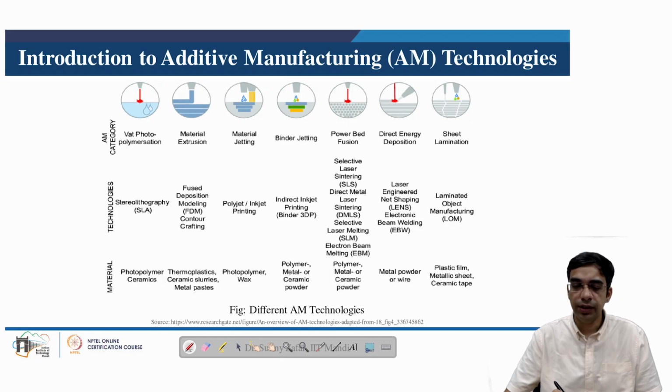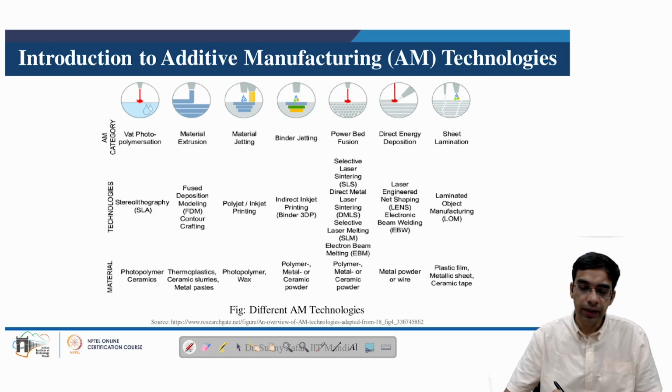Powder bed fusion is based on selective laser sintering, direct metal laser sintering, selective laser melting, and electron beam melting. Direct energy deposition utilizes laser engineered net shaping, or LENS, and electron beam welding, and sheet lamination utilizes laminated object manufacturing.